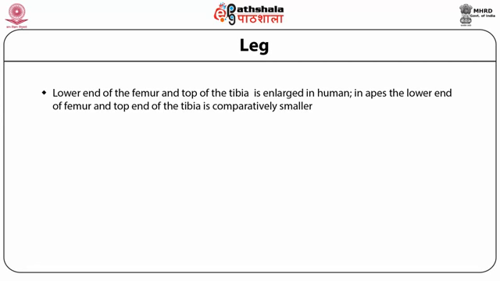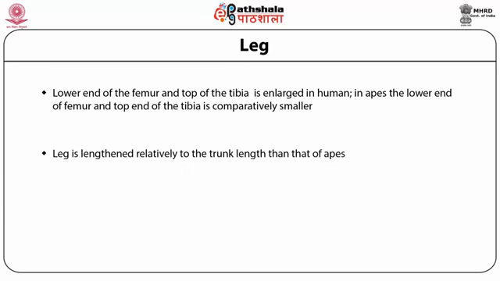However, in apes, the lower end of the femur and top end of the tibia are comparatively smaller. Overall, the leg is lengthened relative to the trunk length compared to apes during the course of evolution. Longer legs are always favored because of increased stride length and efficiency in walking.